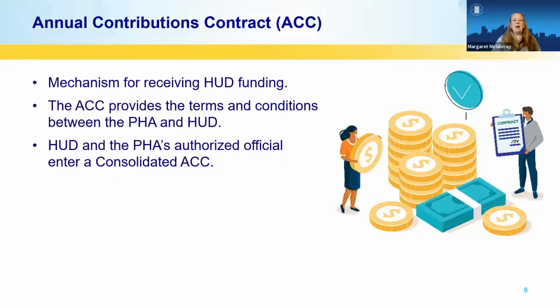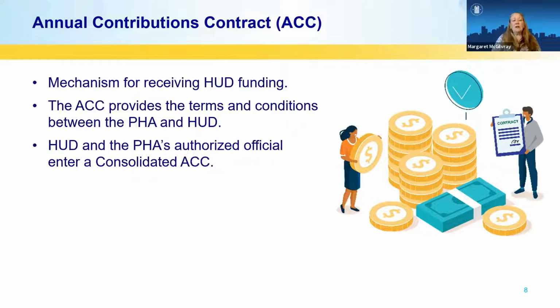It's that legally binding contract that enables the PHA to receive its funding. It also defines some of the agency's obligations to HUD, and outlines some of the remedies that may occur from HUD for breaches of the contract, and it extends each year that your PHA receives funding.